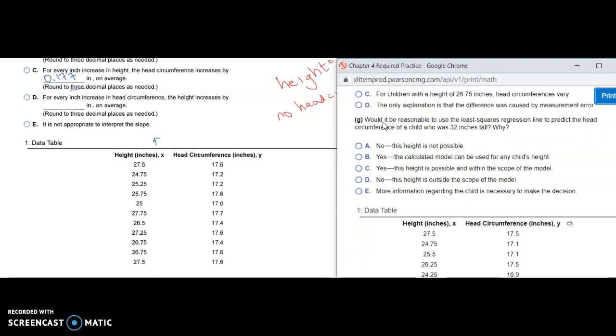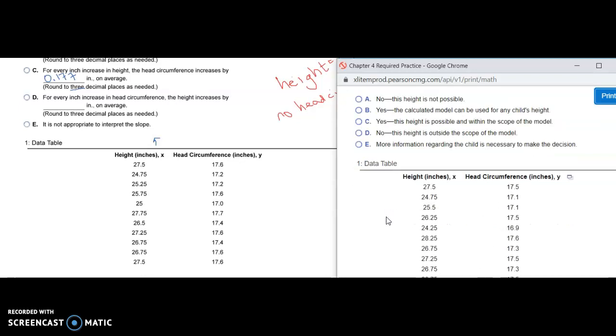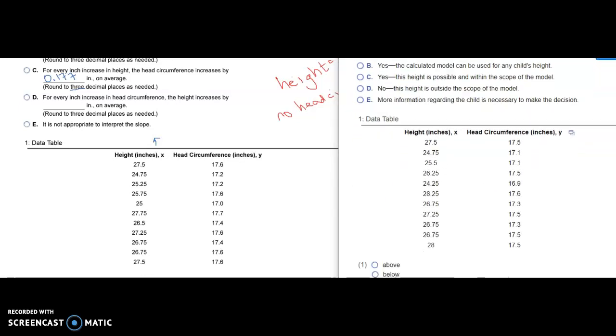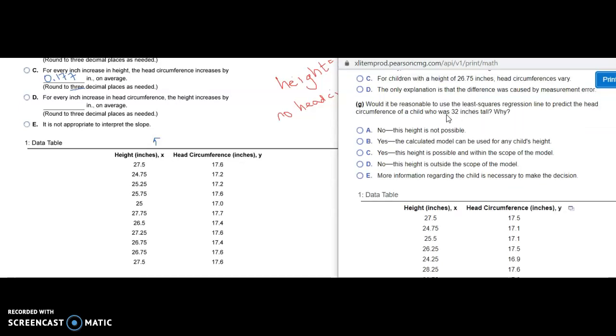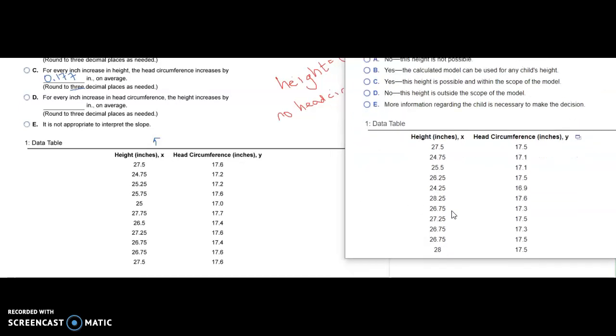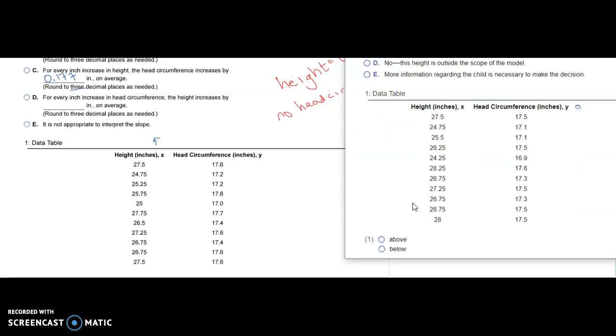And then G, would it be reasonable to use this regression to predict a head circumference of a child who's 32 inches tall? So whatever this number is, you want to look at your data set, and if this number is within this range, it's okay. The answer would be yes.